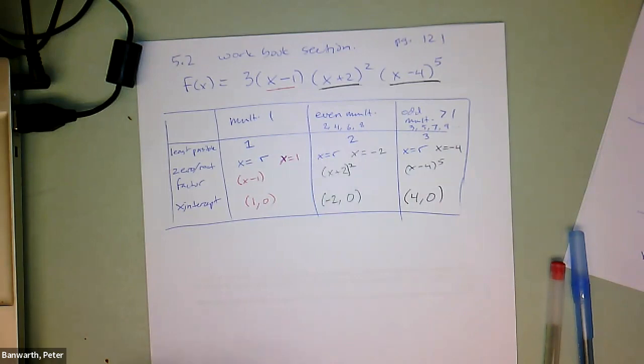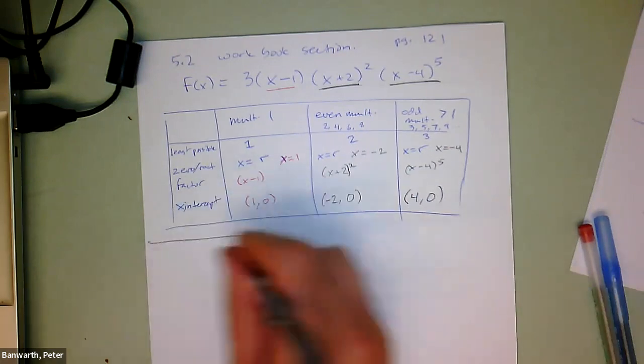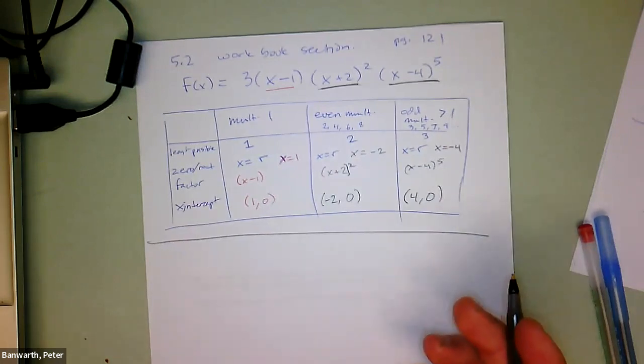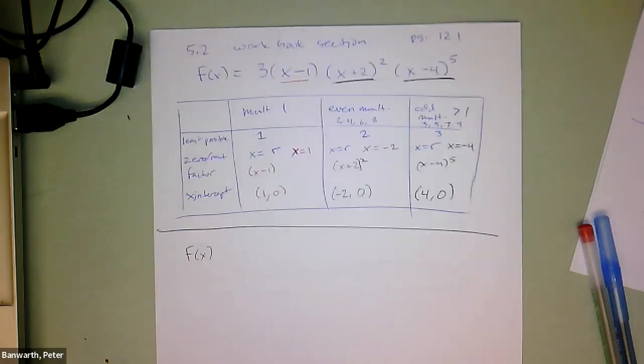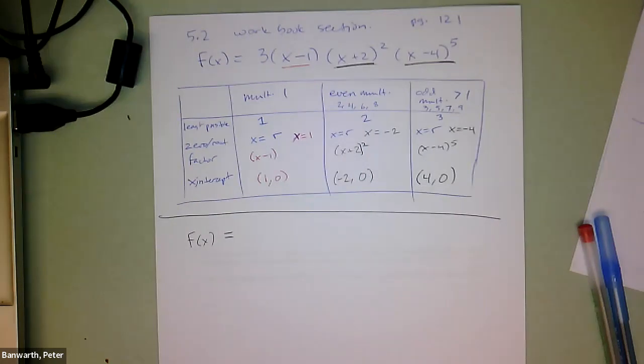Then we're doing some matching of polynomial functions with the graph. And so I'm not going to do matching, but I'll just pick a polynomial function and we'll talk about how to figure out what that graph is. And then you use the same techniques for matching.